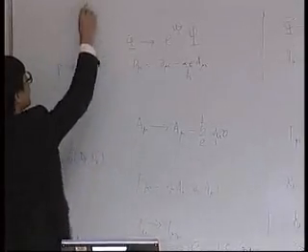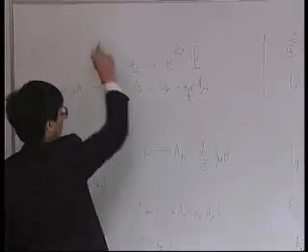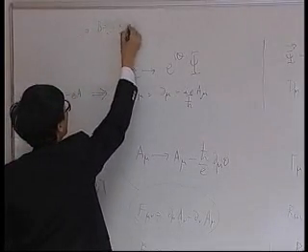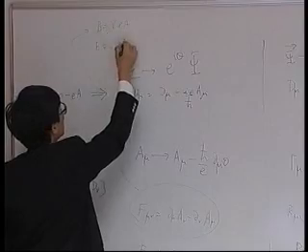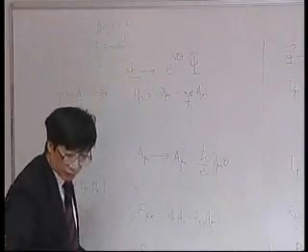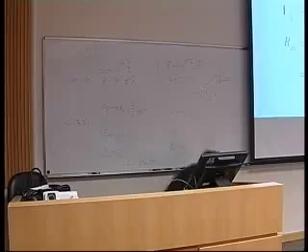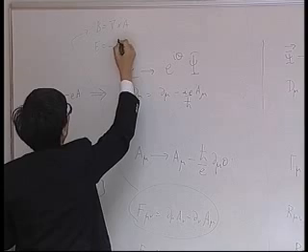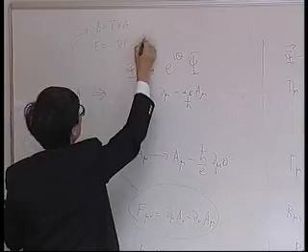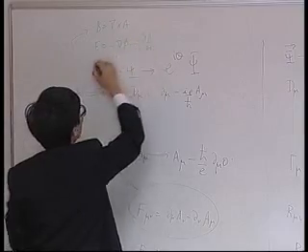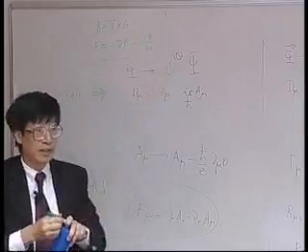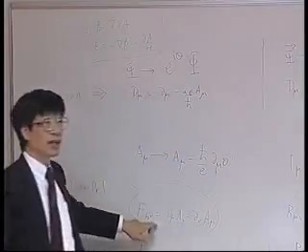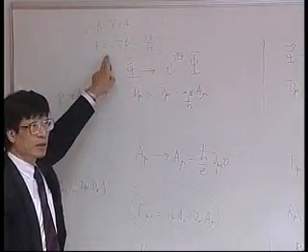This expression is really the analog, a compact way of writing B equal to curl A and E equal to minus gradient phi minus dA/dt. These are things you learned in, I don't know, second year EM. And this is just a compact way of writing these.